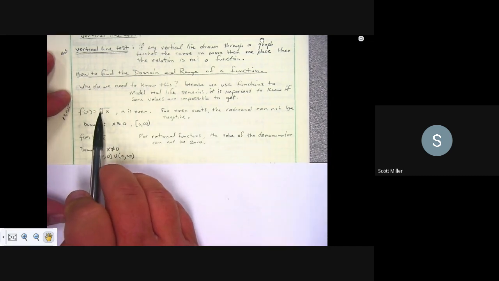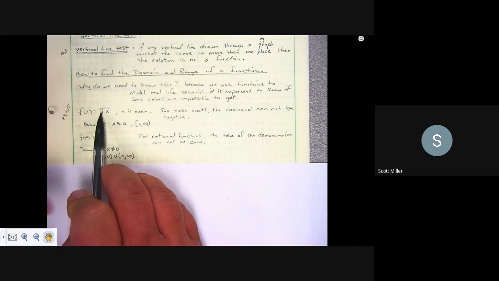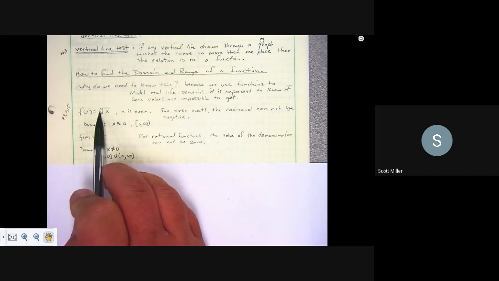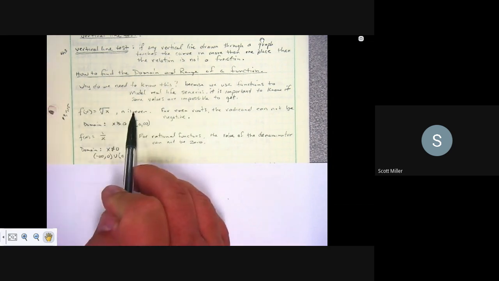So if you remember, this little n up here is called the index. It tells you what kind of root you have. You can have a little number here, it means many different types of roots. The one you're most familiar with is a square root, and that just means that n was a 2. And that's the only index we don't write, is for a square root. But as long as that index value is even, I have a restricted domain.